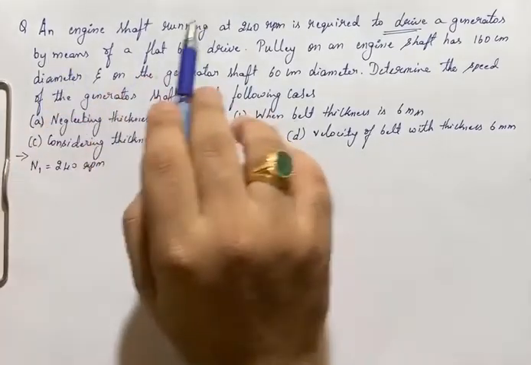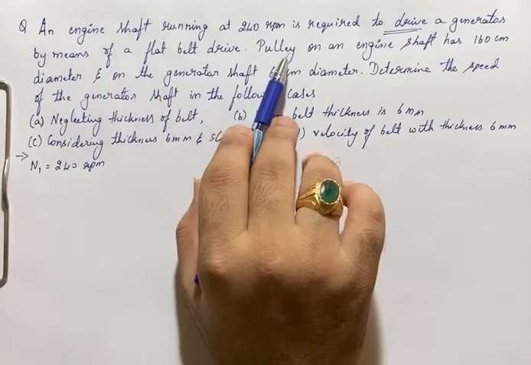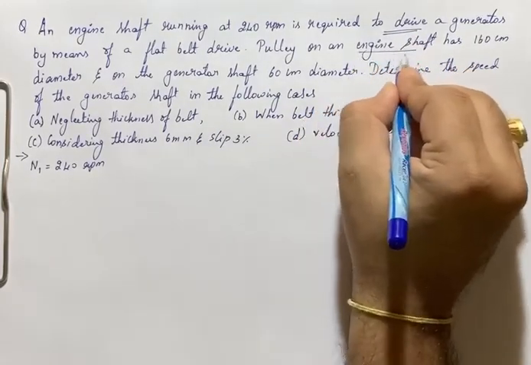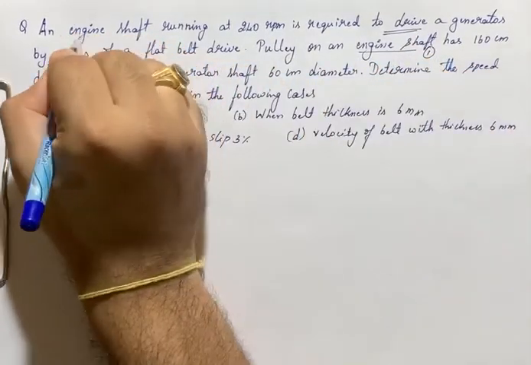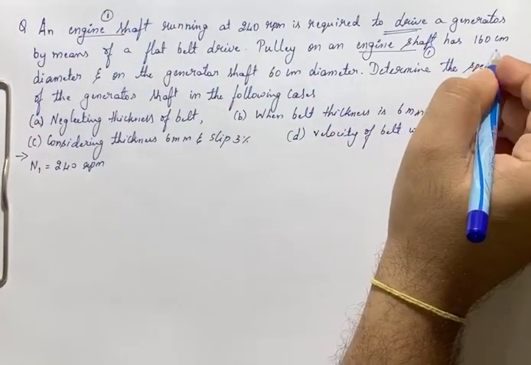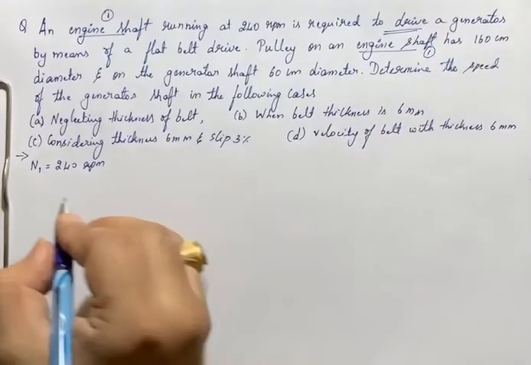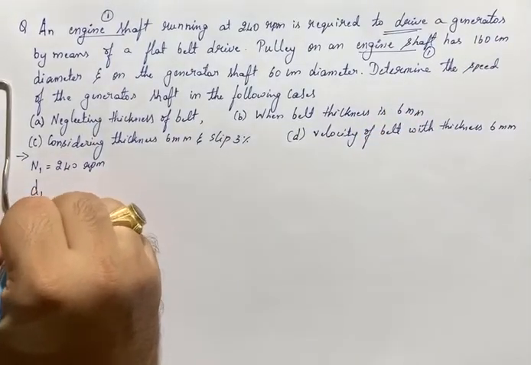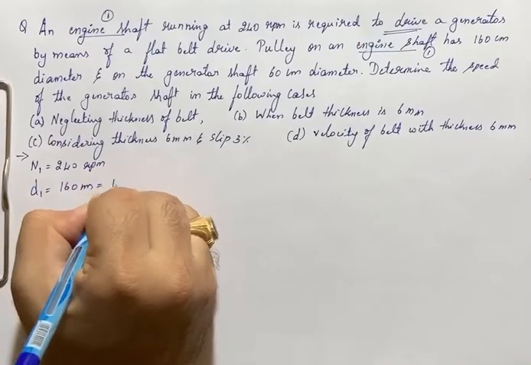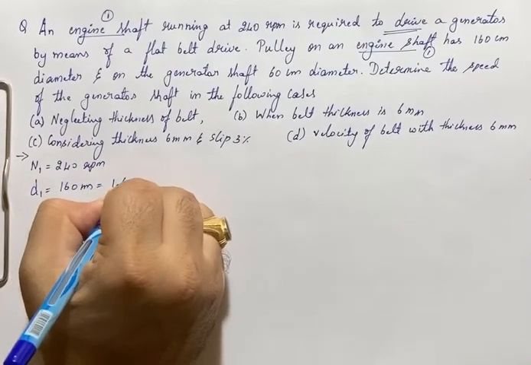After this, what he has given? By means of a flat belt drive. Pulley on the engine shaft. Engine shaft is 1, that is the driver here. So the engine shaft has 160 centimeter, that is D1 is 160 centimeter, which is nothing but 1.6 meter.